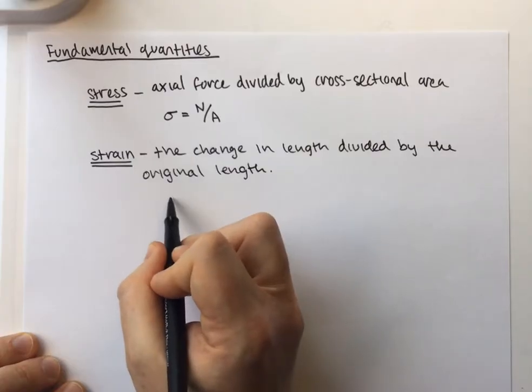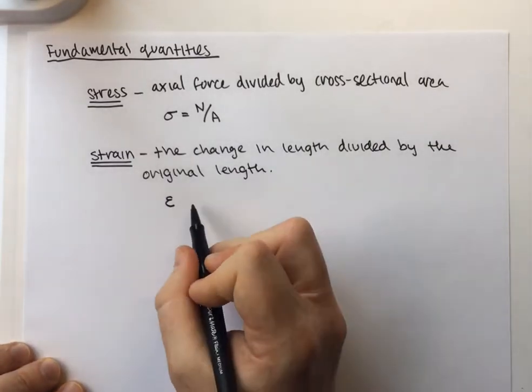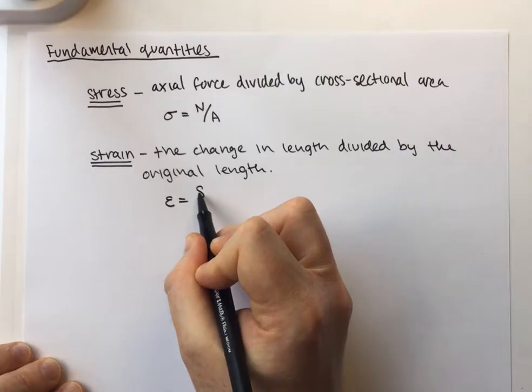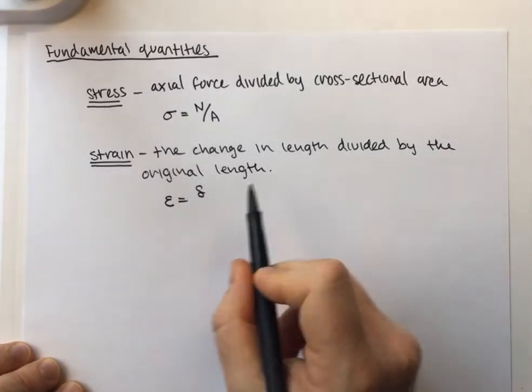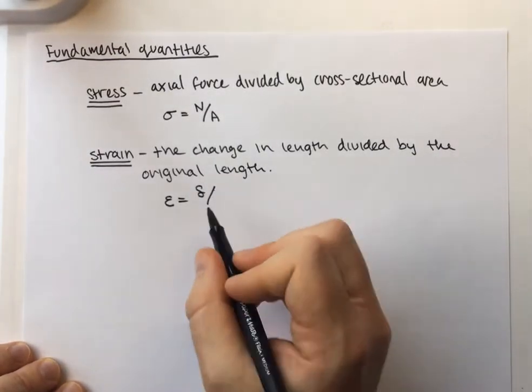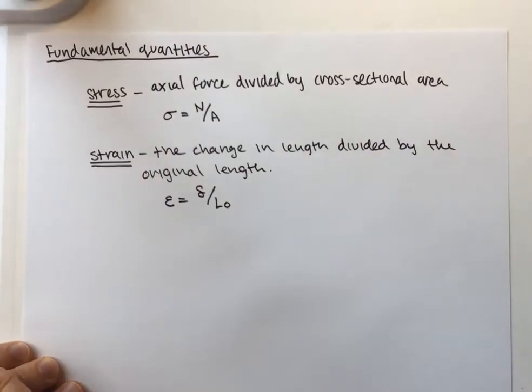Okay, and we're going to call strain epsilon, and we're going to say that that's equal to our deformation, or our change in length, delta, little delta, divided by the original length, which we're going to say is L0.